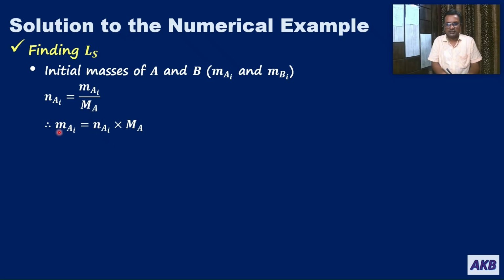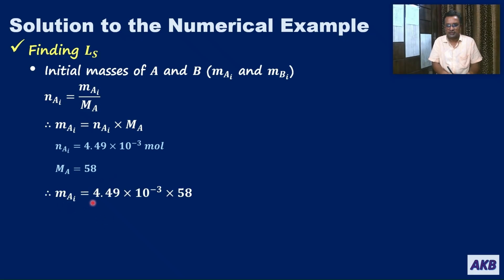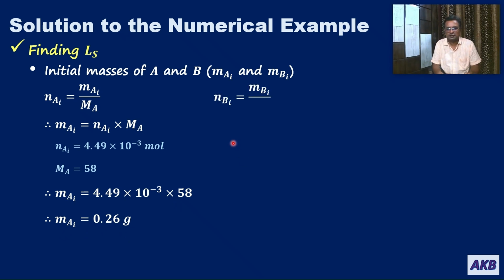So MAI is equal to NAI into MA. NAI we have found out earlier, it is 4.49 into 10 to the power minus 3 mole. Capital MA, that is the molecular weight of acetone, is 58. So that gives me MAI as 4.49 into 10 to the power minus 3 into 58, which gives me MAI as 0.26 gram.